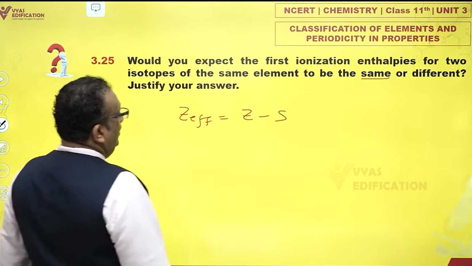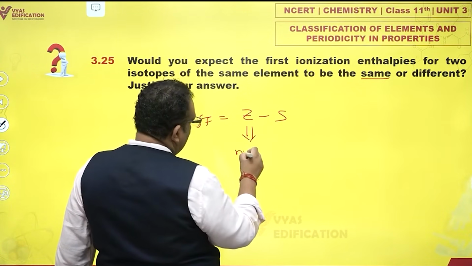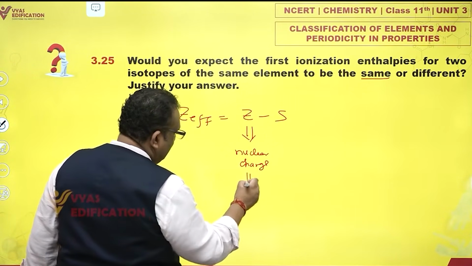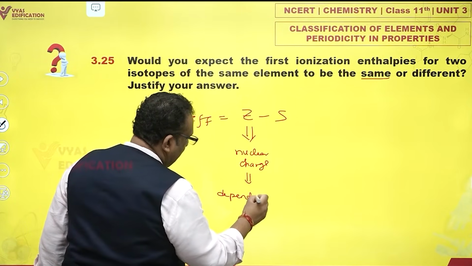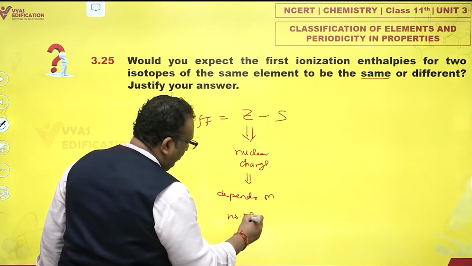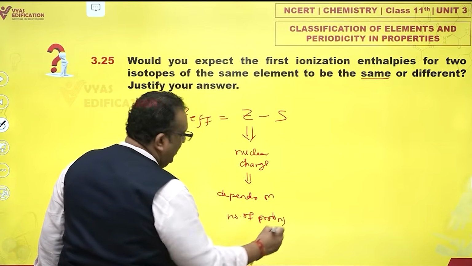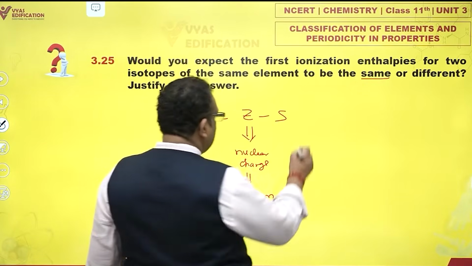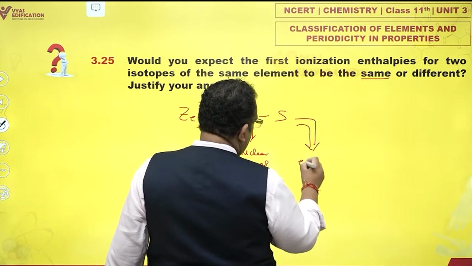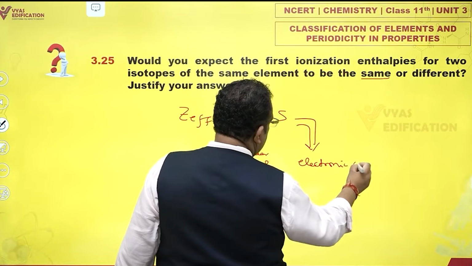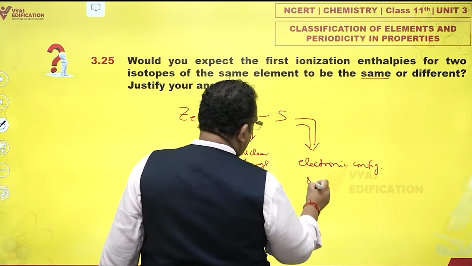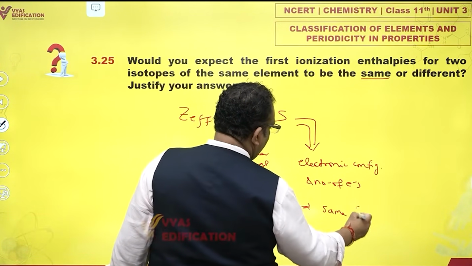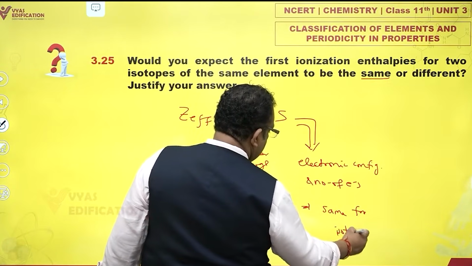Fine. Now, Z is nuclear charge, right? This depends on the number of protons, and the number of protons in both the isotopes is the same. S depends on electronic configuration and number of electrons, which is again the same for isotopes.